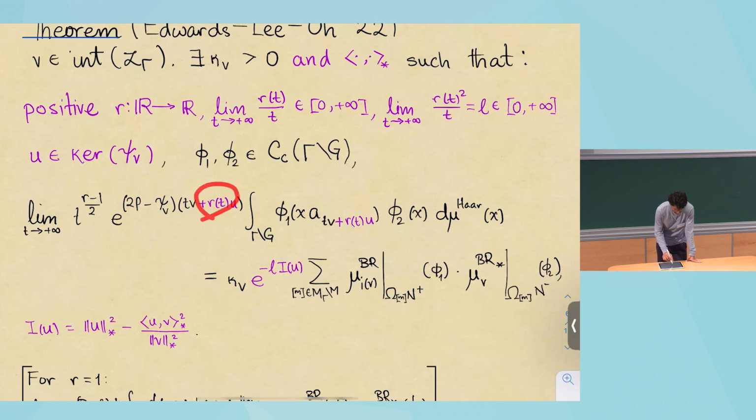You're saying why R does not appear? No, why the limit? Yeah, I guess this is just a condition on R, but the quantity does not appear. The main quantity is this.